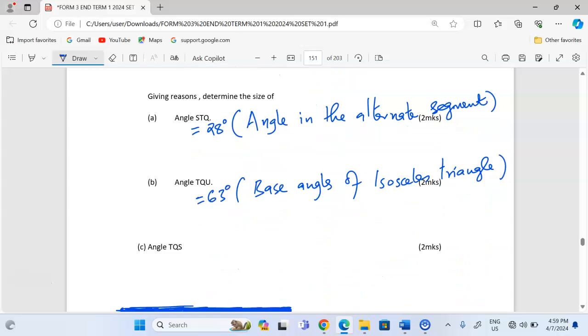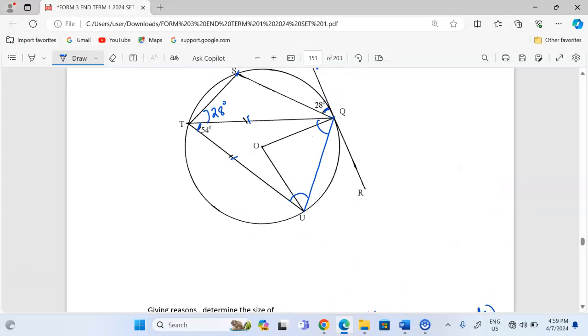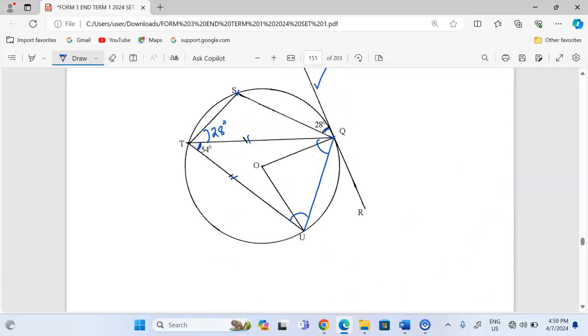We can also talk about other angles like TQS. TQS is the angle at this point. Remember, the whole of that angle is 63. Following that, TSQU is a cyclic quadrilateral.